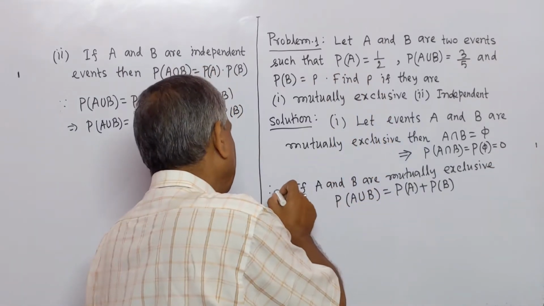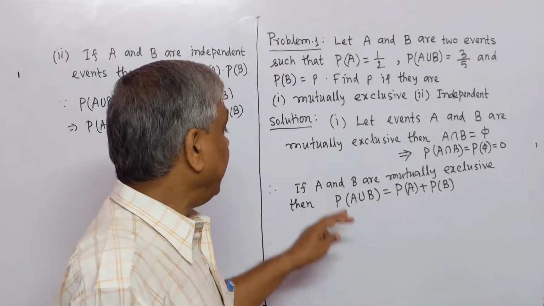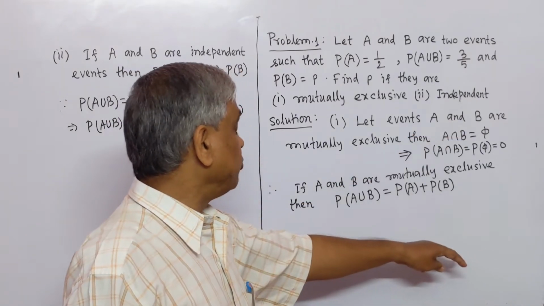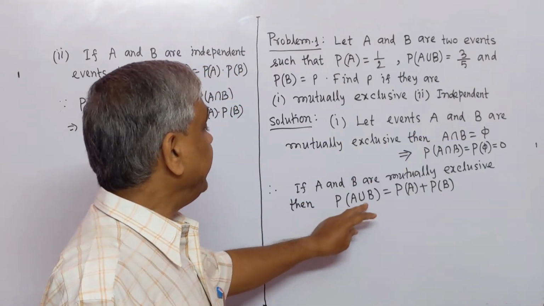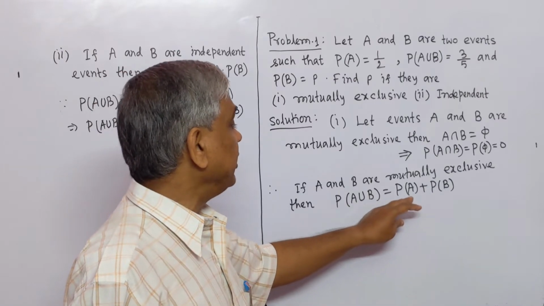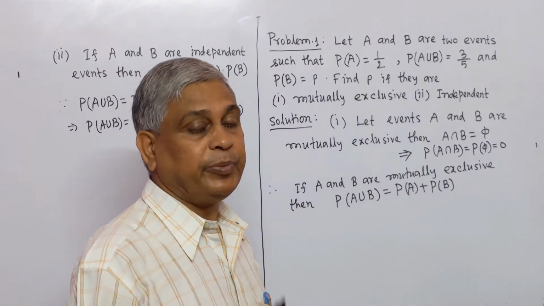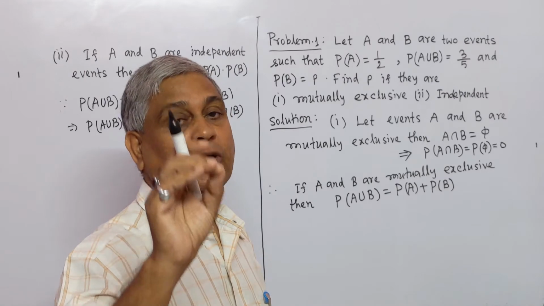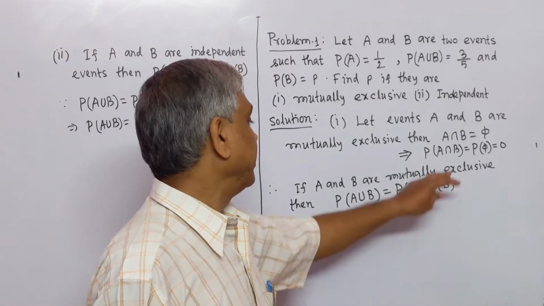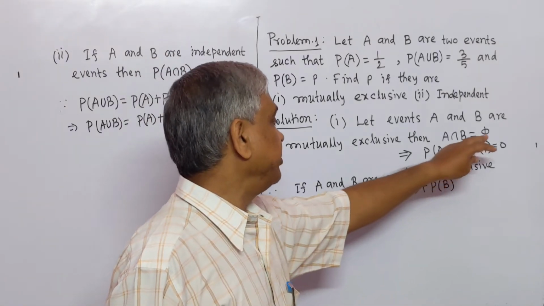Therefore, if A and B are mutually exclusive, then P(A union B) equals P(A) plus P(B). P(A) means probability of A. Here probability of A intersect B is 0.